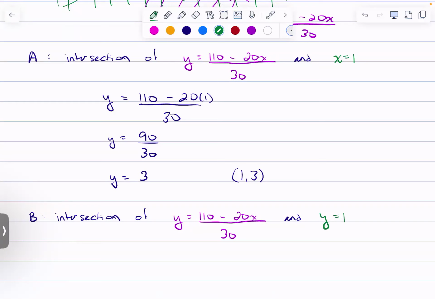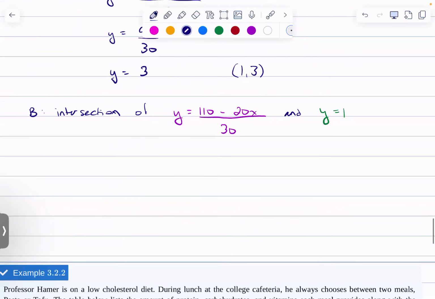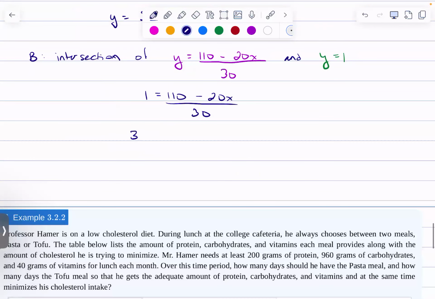Same deal, but now I'm going to swap in y equals 1 and solve for x, which is a smidge more work. 1 equals (110 minus 20x) over 30. I'm going to float that 30 over to the left-hand side. And so then I have 30 times 1, which is 30. It's 110 minus 20x.